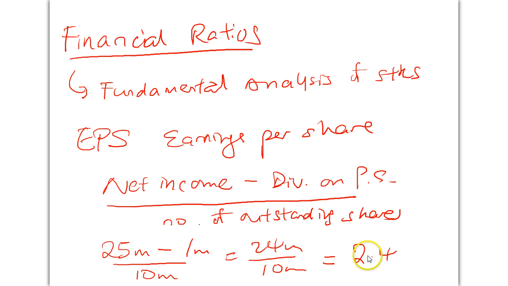So with a figure of 2.4, it tells you that for every share of the company that you hold, $2.4 has been earned on it.